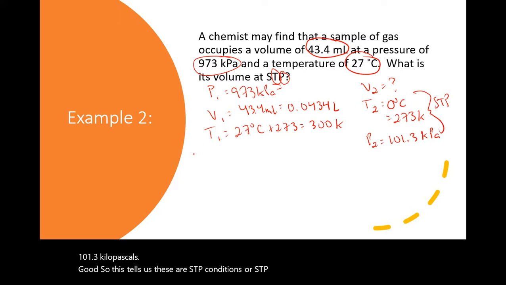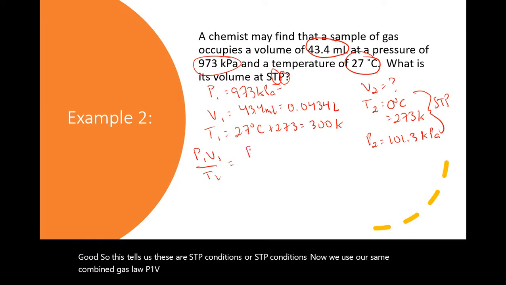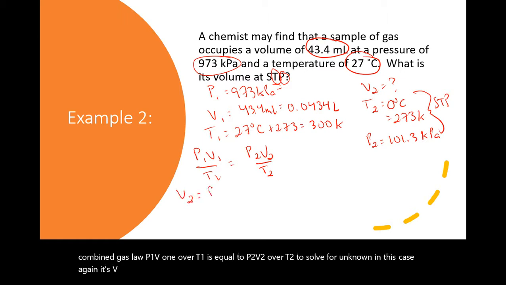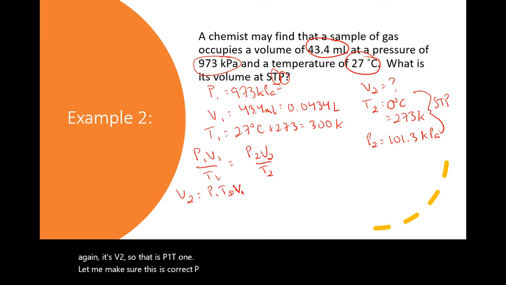Now we use the same combined gas law, P1 V1 over T1 is equal to P2 V2 over T2 to solve for our unknown. In this case, again, it's V2. So that is P1 T1. Let me make sure this is correct. P1 T2, not T1, and V1 over P2 T1.